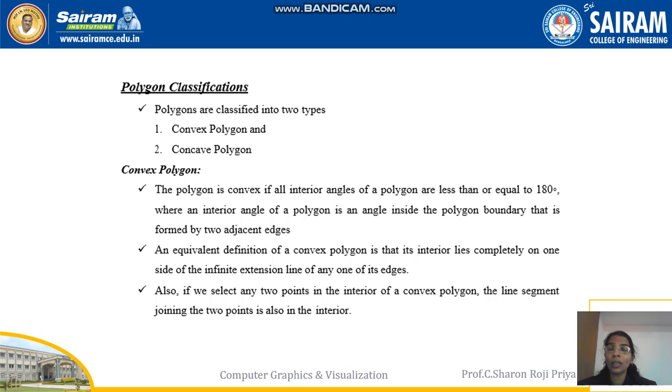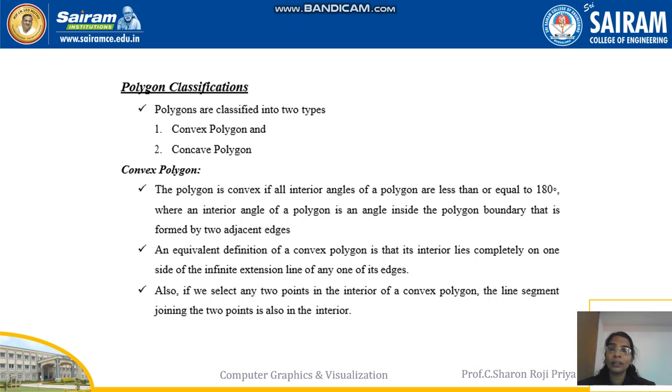One more test is there to check whether a polygon is concave or convex. For a convex polygon, if I extend any edge to infinity, the interior of the polygon should lie on one side of this extension. Such a polygon is known as a convex polygon.